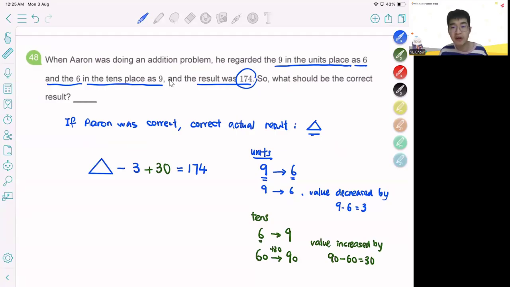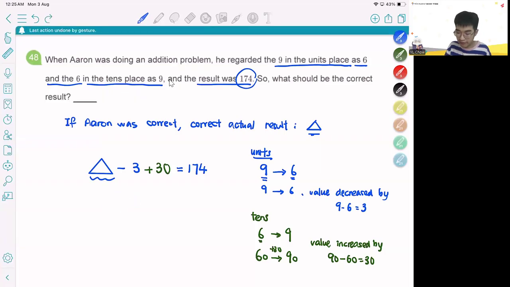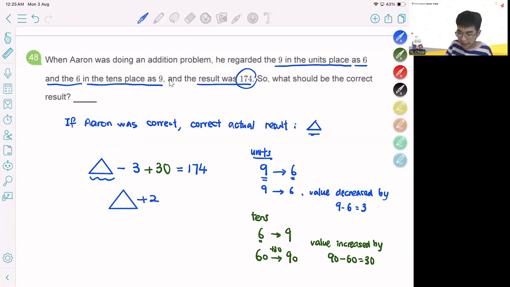All right, so then what should the correct result be? We just need to calculate the value of the triangle, which is the correct result. So minus 3 plus 30, I can just combine it. Triangle, let me draw a better triangle. Triangle plus 27 is equal to 174.